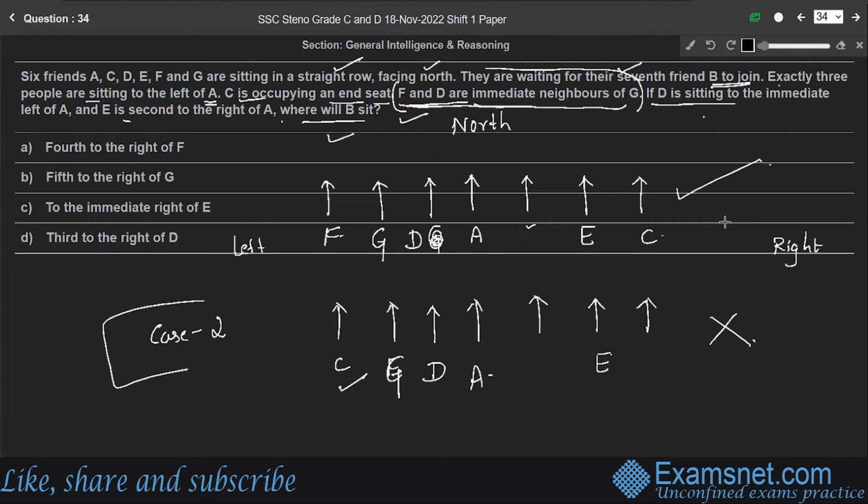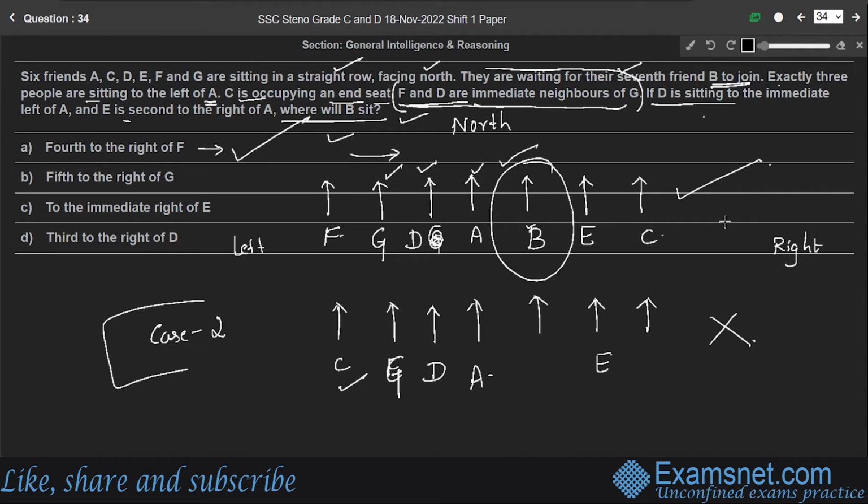Here the question is, where will B sit? B's position is the 5th position here. According to the first option, 4th to the right of F: to the right of F, first, second, third, and fourth person is B. So 4th to the right of F is the correct answer.